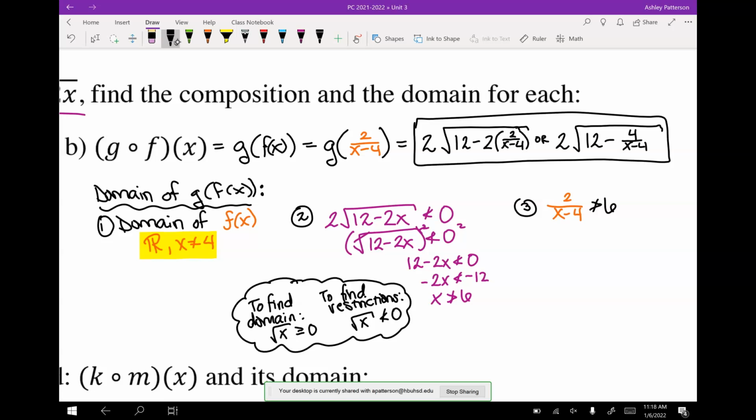Oh man, you guys, there's a variable in my denominator. How do we move x minus 4 to the other side, Stephen? Multiplication. Love it. Yes, let's multiply both sides by x minus 4 so that it cancels on the left. We end up with 2 being not greater than 6x minus 24.